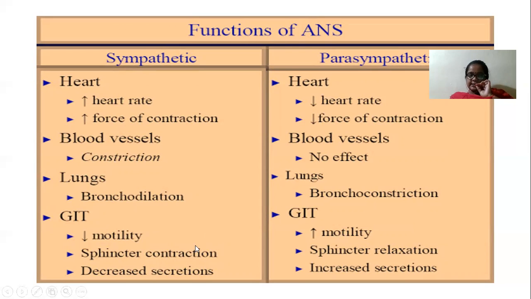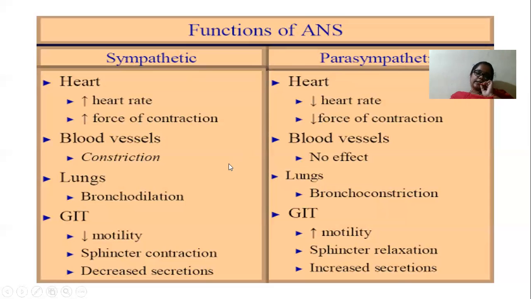The pyloric sphincter is contracted in sympathetic and relaxed in parasympathetic. GI secretions somewhat decrease in sympathetic, but increase in parasympathetic. So these are the differences between the sympathetic and parasympathetic nervous systems.